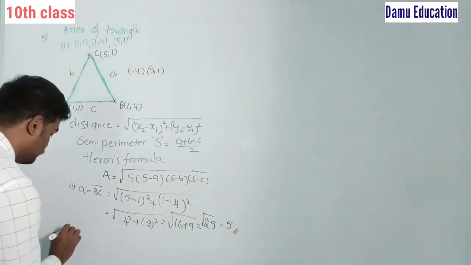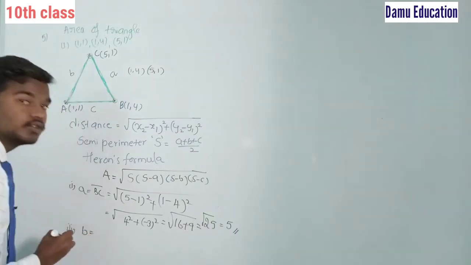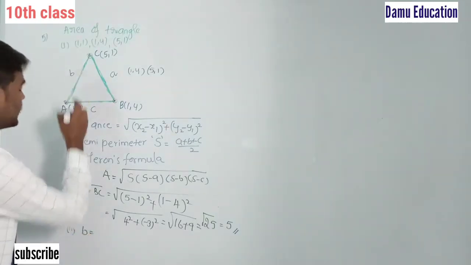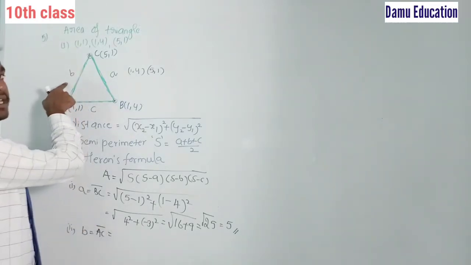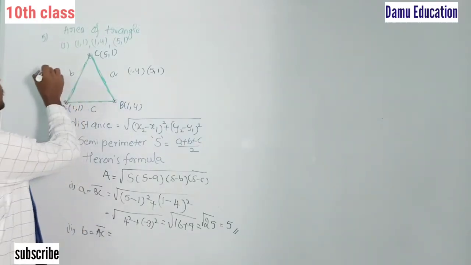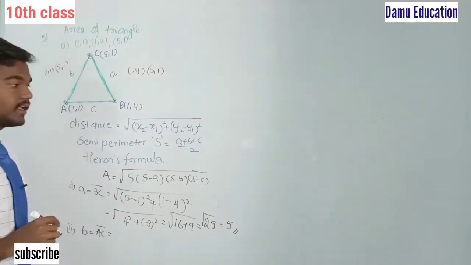Then what is our next one? The second one is B, which is equal to AC, the line segment. For B, the coordinates are 1 comma 1 and 5 comma 1.